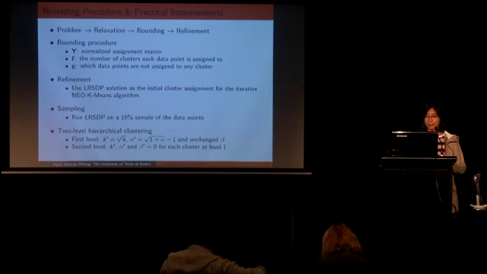In practice, for the data clustering problem, we can also run the LSDP on a 10% sample of the data points, then use it as the initialization for the iterative Neo-K-means algorithm. And for graph clustering, we can also use the two-level hierarchical clustering for large problems. Next, Joyce will continue to present the experimental results on both data clustering and graph clustering.